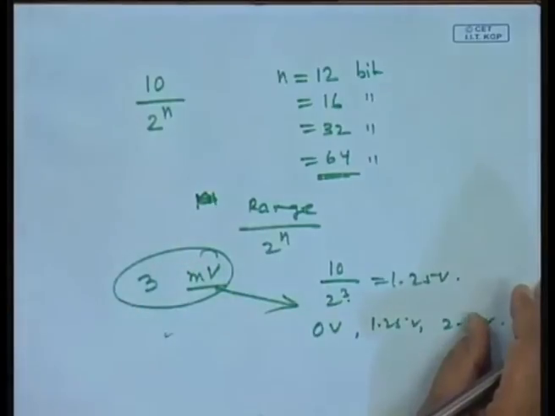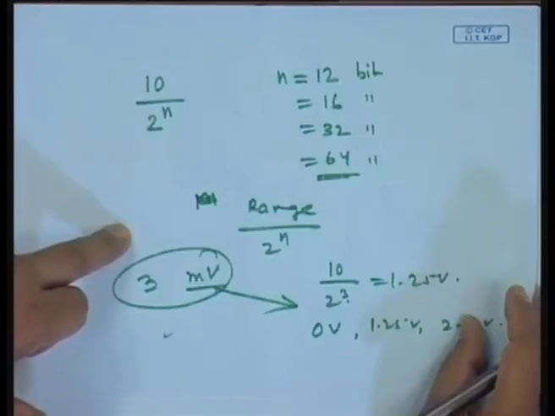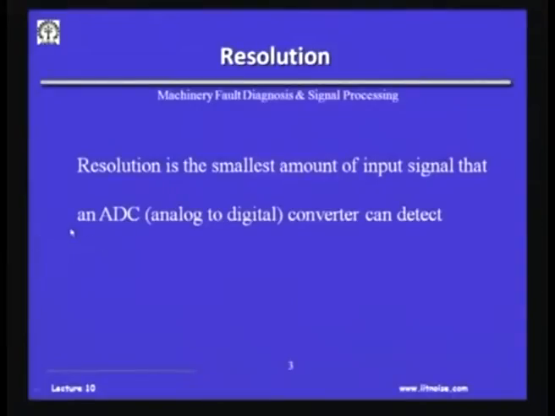So, you would have heard that 32 bit or 64 bit computers are much costlier than 12 bit computers, because the accuracy, the resolution, is much finer in such systems. If I ask to define the resolution, resolution is the smallest amount of input signal that an analog to digital converter can detect.